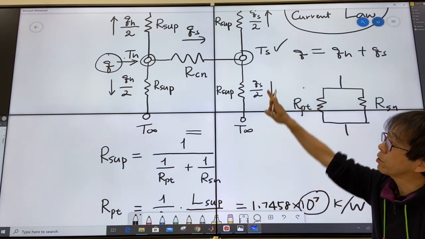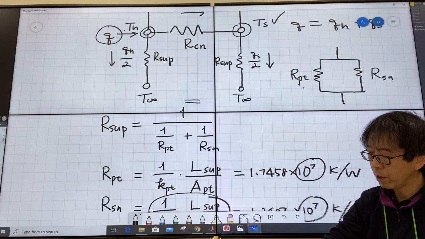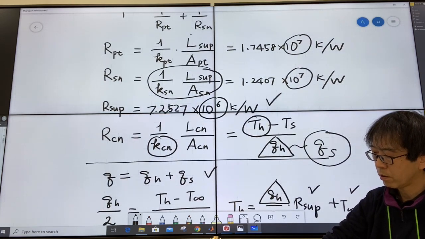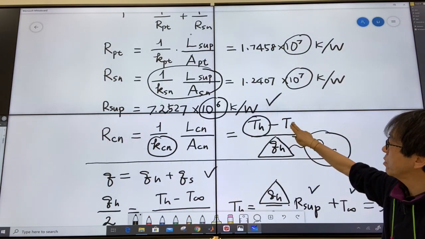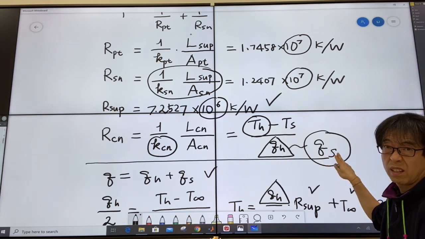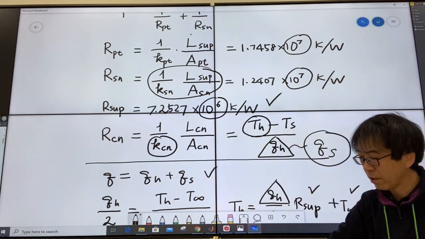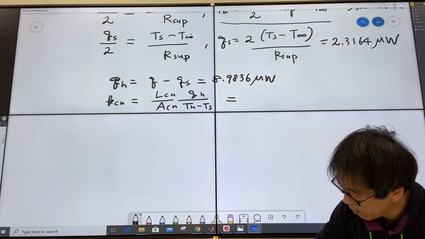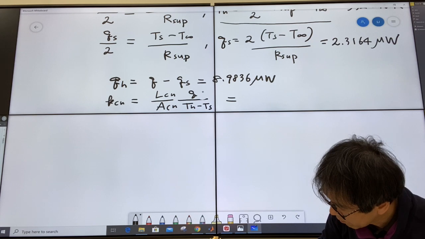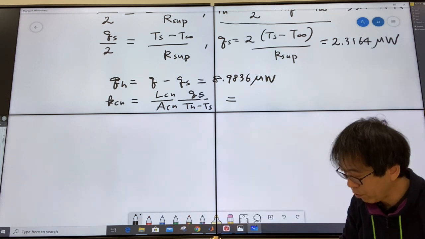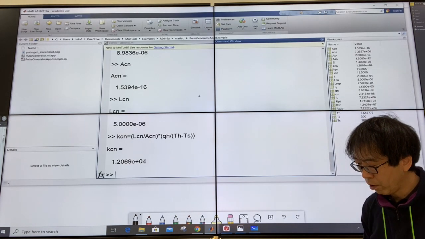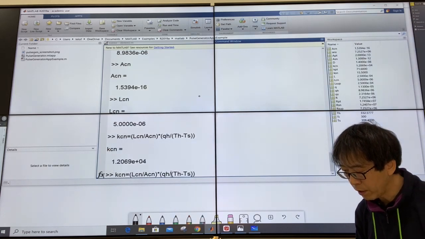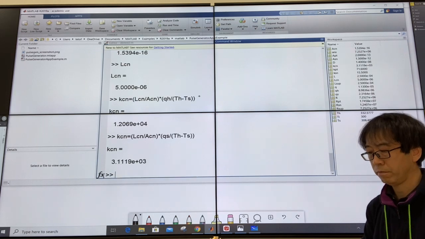So QS is the current right there. If you want to calculate RCN, it should be the temperature difference divided by the heat flow, that's QS. So you need to use QS here instead of QH. We have the same equation again, but instead of QH, we have to use QS.